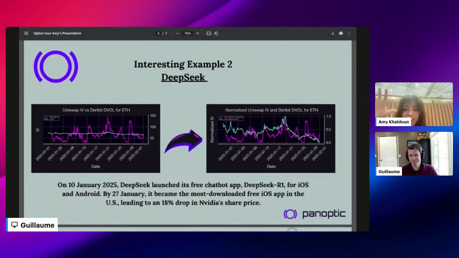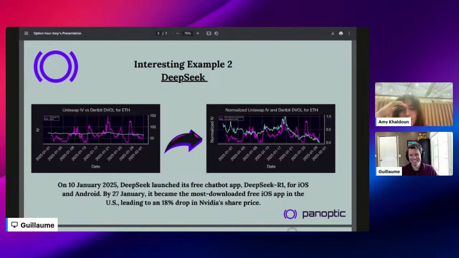So another compelling example from January 2025. Here we're looking at the market reaction to DeepSeek's launch of the free chatbot app, DeepSeek R1, I think it's called. We thought it would be interesting to show how both Uniswap and Deribit IV responded to this major tech event.